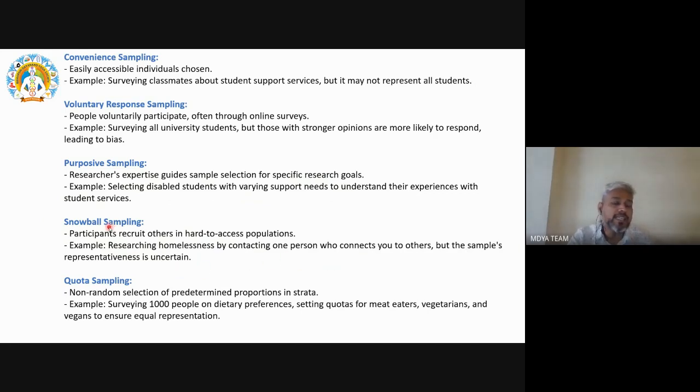So that is why this kind of sampling is called snowball sampling. And the last one is quota sampling, non-random selection of predetermined proportions in strata. Example, surveying 1,000 people on dietary preference, setting quotas for meat eaters, vegetarians, and vegans to ensure equal representation. So this is called quota sampling.